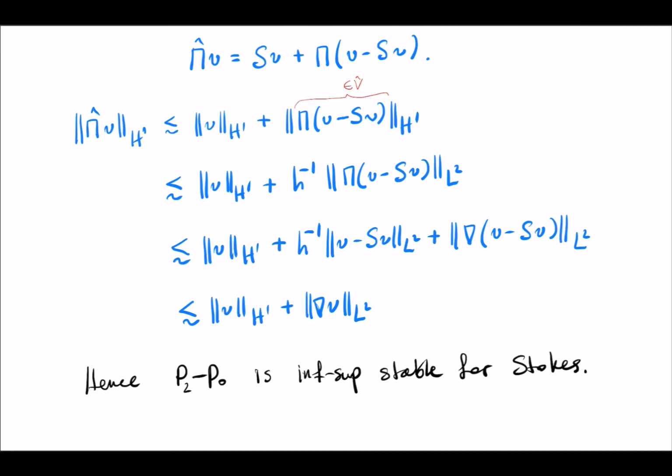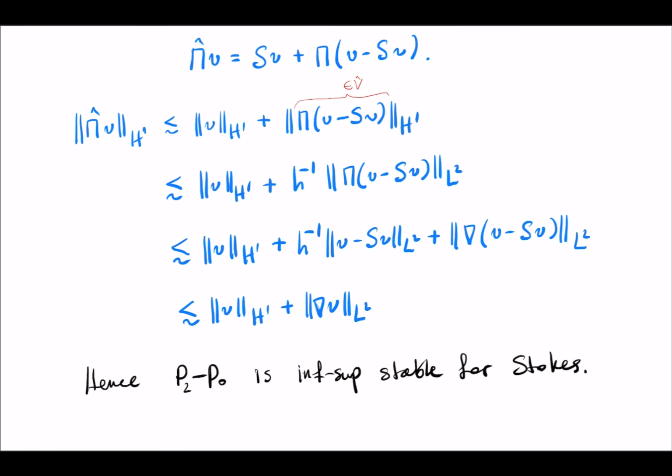By the inverse inequality, we can bound the H1 norm by an L2 norm if we pay h to the power minus 1. Further, we use the bound on pi. Remember that was the L2 norm plus h times the H1 semi-norm. So the L2 norm part is here, and the h times the semi-norm part is here, and h cancels with the inverse power of h. So we write that H1 norm here.